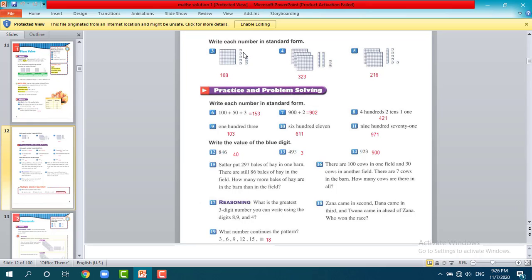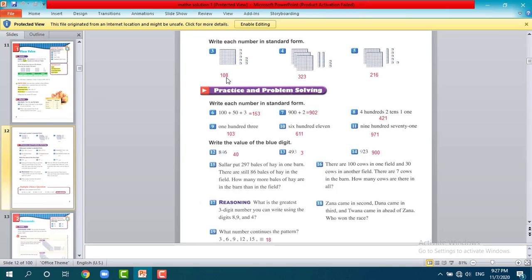After that, we have some cups. Count with me, please. 1, 2, 3, 4, 5, 6, 7, 8. We have 8 cups. Then we have to write 8 in ones. Now, students, we wrote 108.